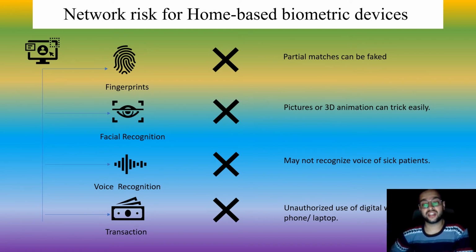The data can be partially faked, or it can be easily tricked, or the device may not recognize the voice of a sick patient, or there may be unauthorized use of a digital wallet. Such data manipulation can also create an entry point for hackers into the organizational internal network, causing hackers to attack the IP of the server and cause serious damage to the overall PHI data.